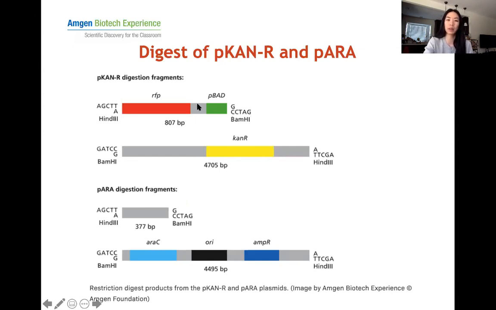And you would just do that by subtracting. So this top part is the pKAN-R digestion fragments. And then this bottom part is the pARA digestion fragments. So you would get 4 pieces, 4 fragments, and then you can predict the length of each fragment. If you look at this diagram on the sides, you can actually see the overhanging sticky ends because this was cut by HindIII, so it leaves this sticky end right here.